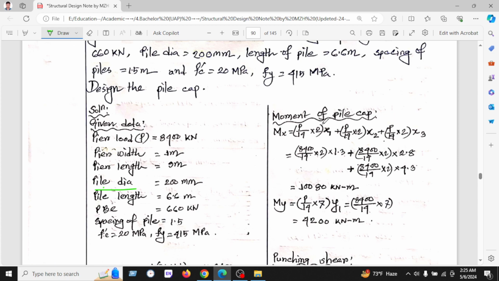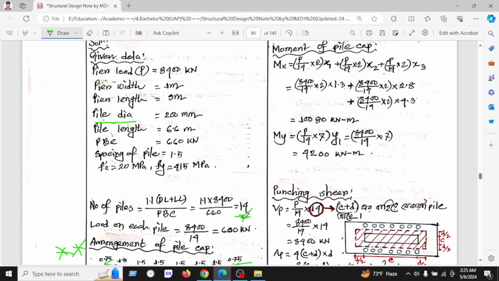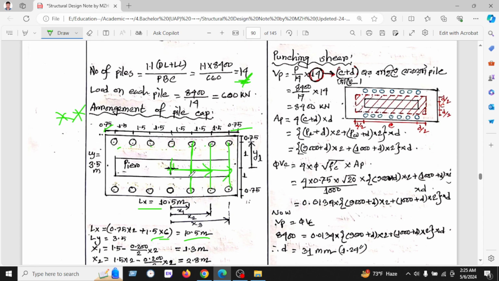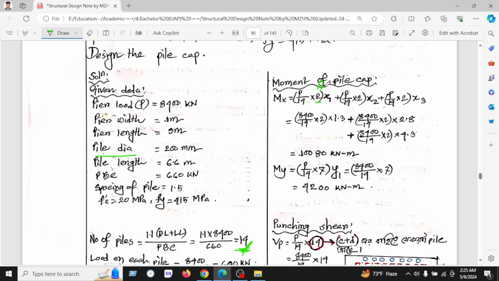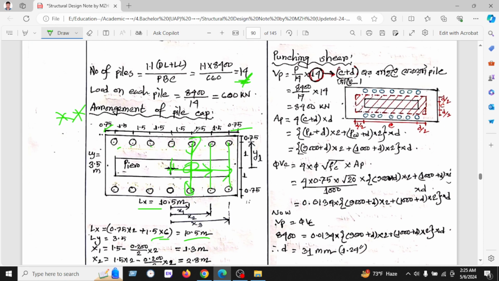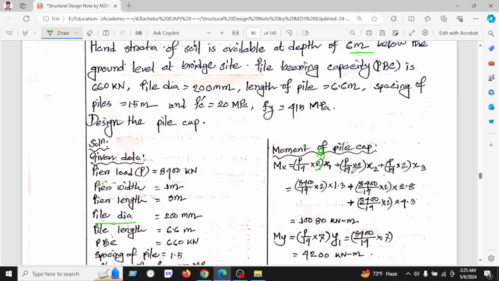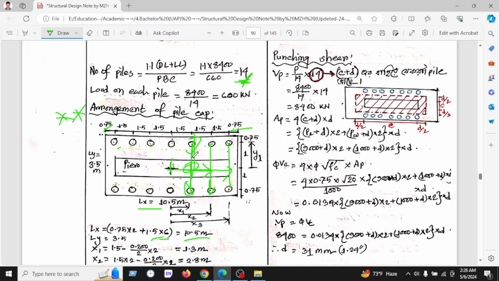Now we will calculate the moment. P is the total load divided by total number of piles, and 2 is the first row of the piles, 1, 2. If we get 3, then we will put this value as 3. X1 is the distance of the first row of the piles. Here is X1, and P, total load divided by total number of piles, into another 2 is the second row of the piles, 7.